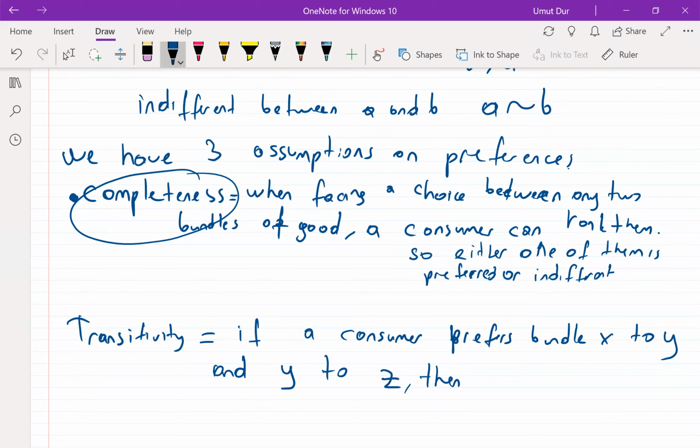Which one is more preferred? If I prefer X to Y and Y to Z, X is the most preferred one, which means that X is preferred to Z. So basically, transitivity is requiring us to have consistent preferences.